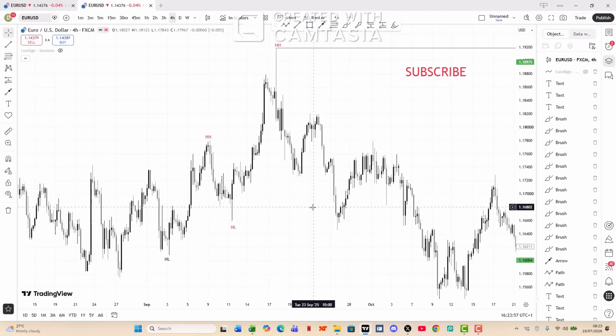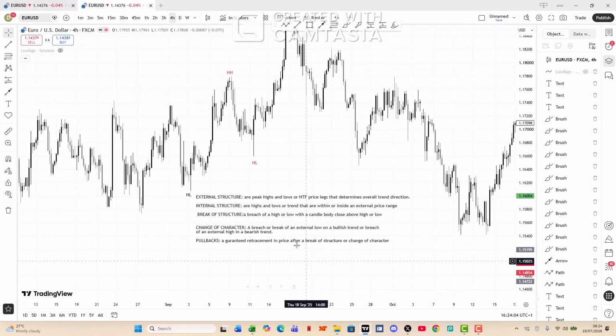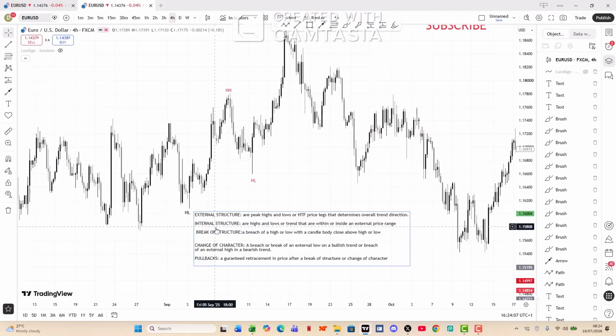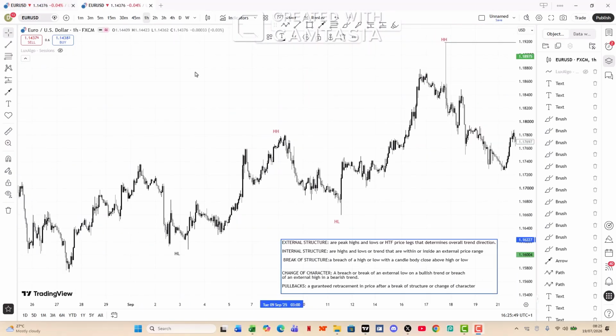All right, so we'll go back to our notes and explain internal structure. Internal structure are highs and lows or trend that are within or inside an external price range.